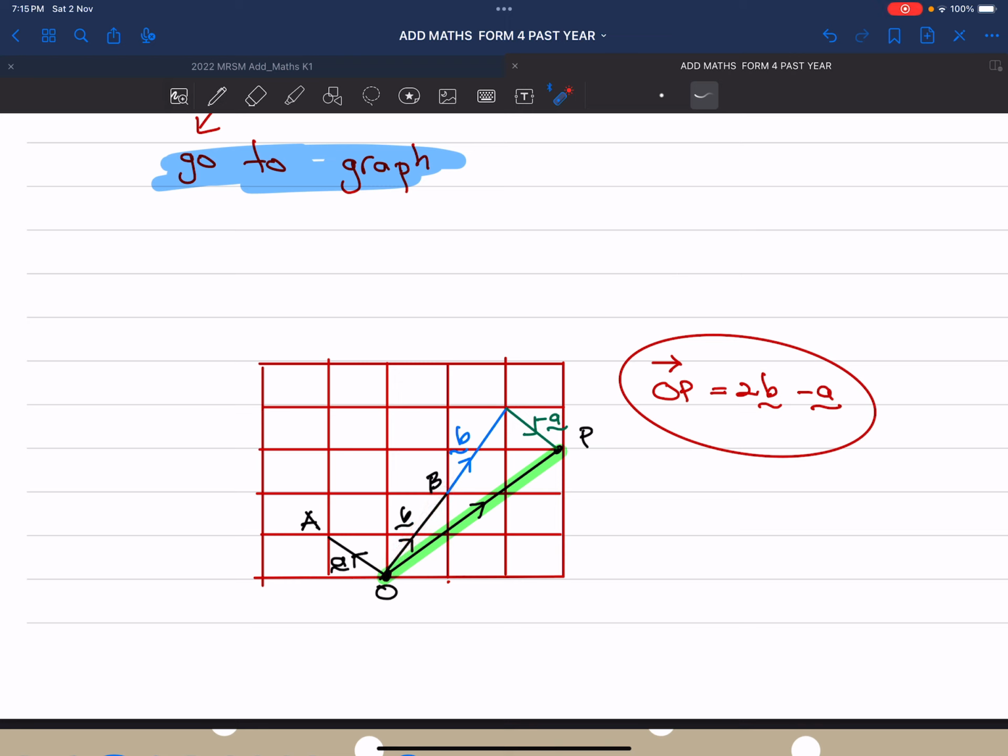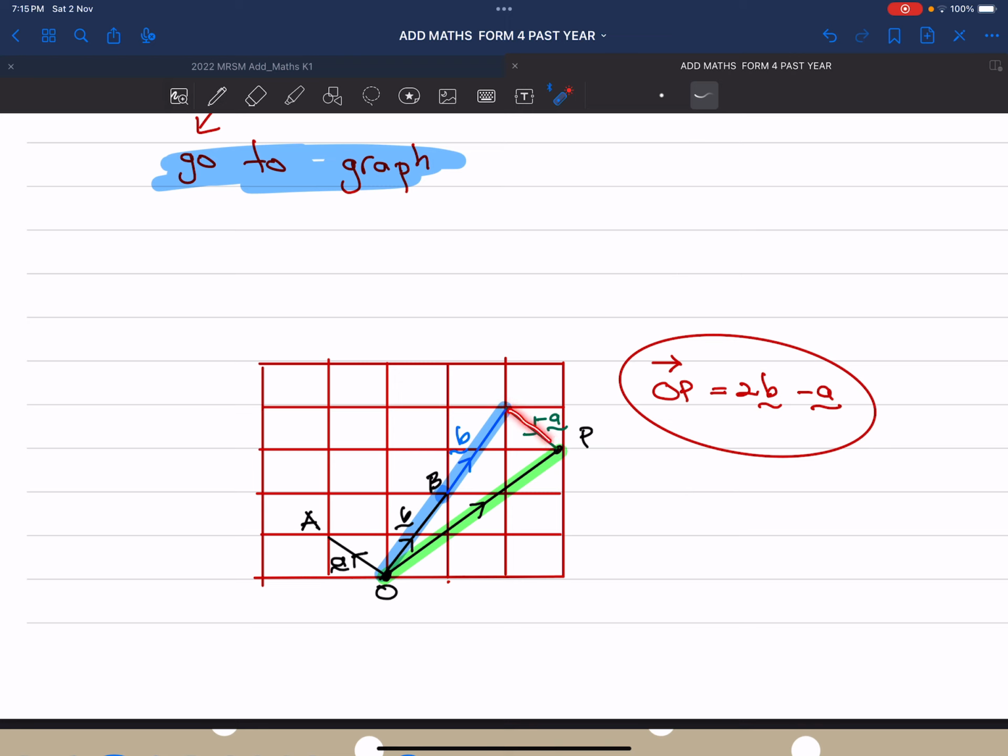If you watch, the vector OB is 1i and 2j. So I have to repeat again, another 1i and 2j. So now the vector OP is the vector OB, 1b, another b. We have 2b. Plus, I have to come down to reach P.